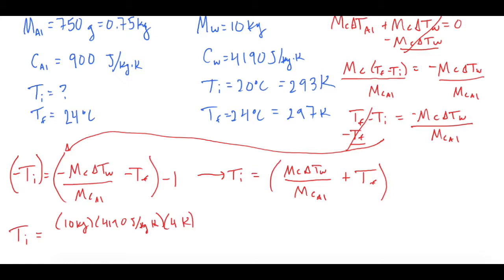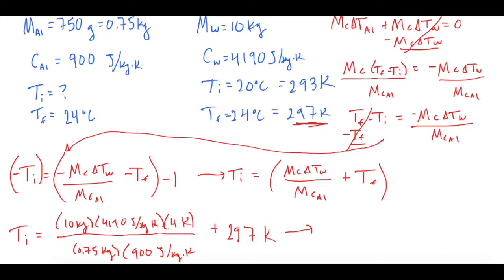And then all of that is over the mass of the aluminum, we said is 0.75 kilograms, times the specific heat of aluminum is 900 joules per kilogram K. And then we're going to add to all of that the final temperature, which we said is the same, so it's 297 Kelvin.